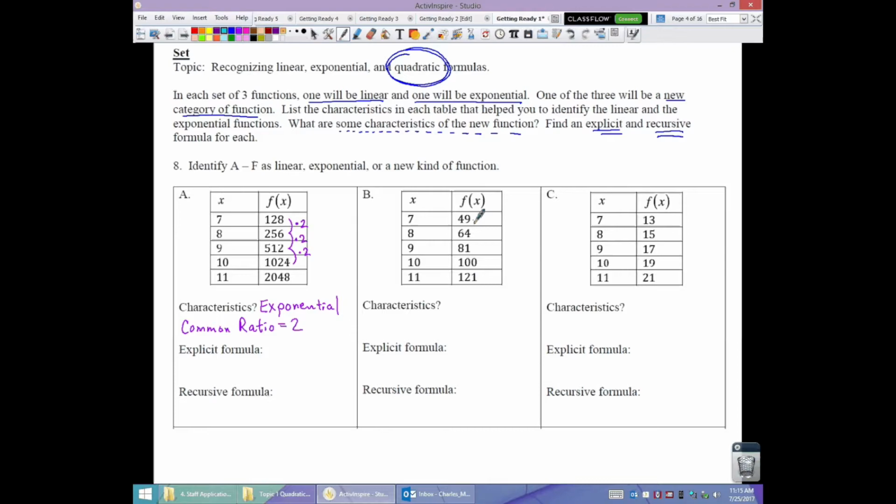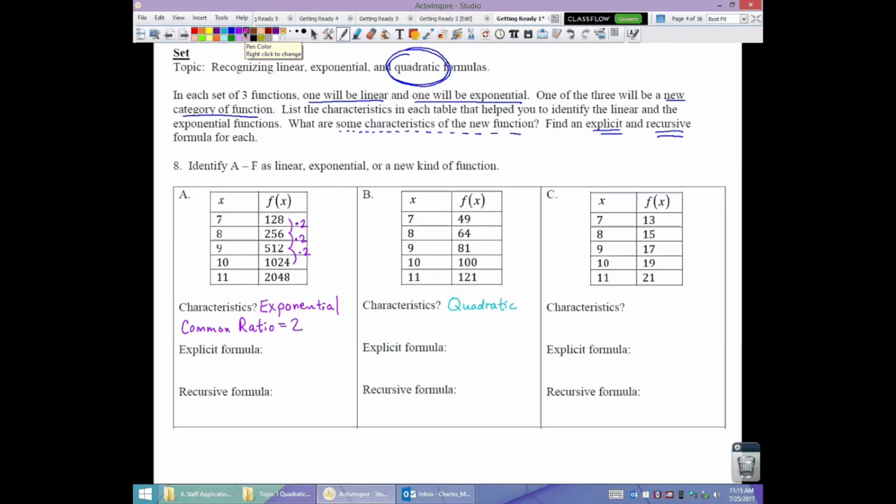So is it linear? Well, that goes up 15, then this goes up 17, so no, it's not linear. It doesn't have a constant rate of change. This must be our new one, which we're terming quadratic. We don't really know any characteristics there yet. We will come back and deal with that.